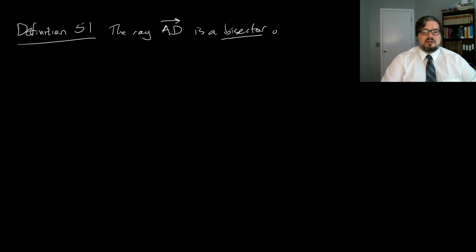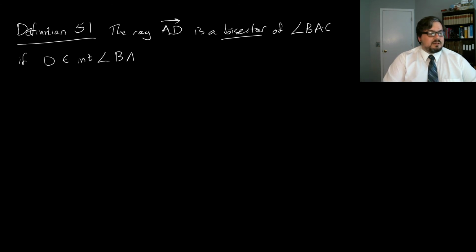So definition 51: the ray AD is a bisector of the angle BAC if D is in the interior of angle BAC and the angle BAD is congruent to the angle DAC.